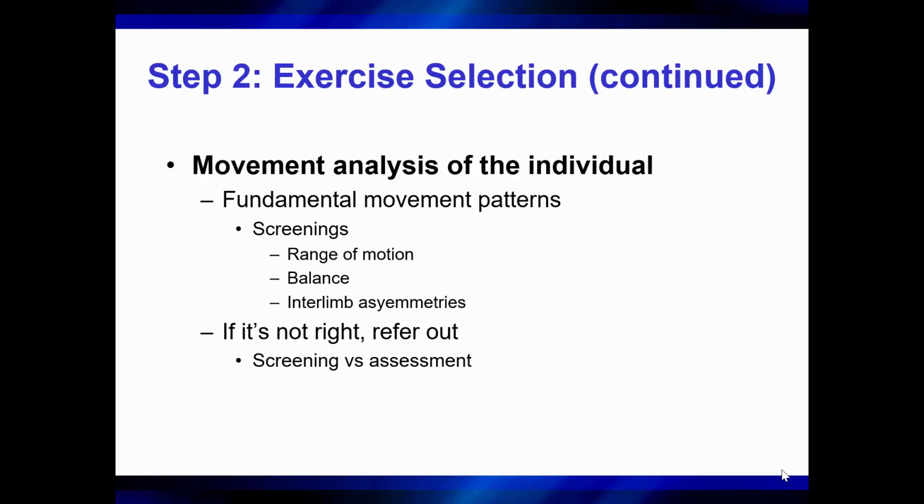If it's not right, if they are very, very poor, refer out. Don't think that you can correct everything. One example I often like to give is that I had the benefit of working in a physical therapy program as an associate professor. There were a lot of things I knew as a strength and conditioning coach about dealing with back pain.